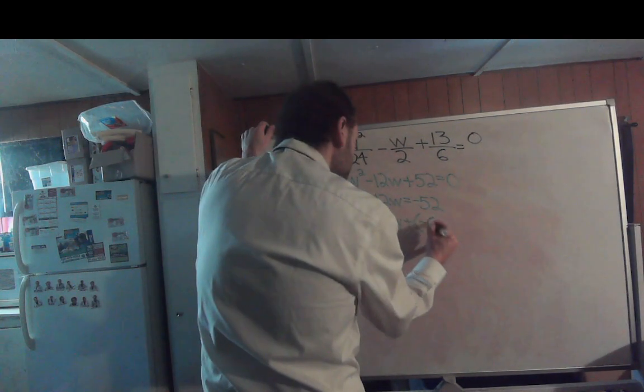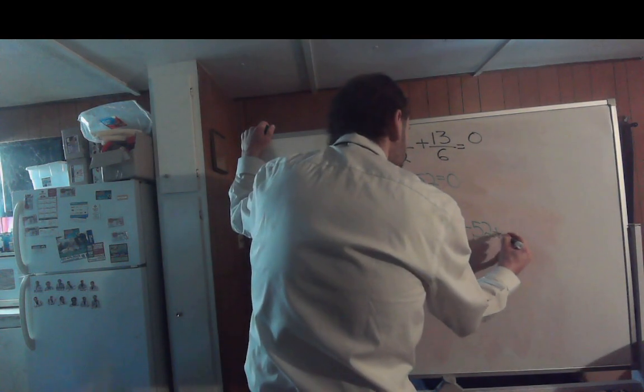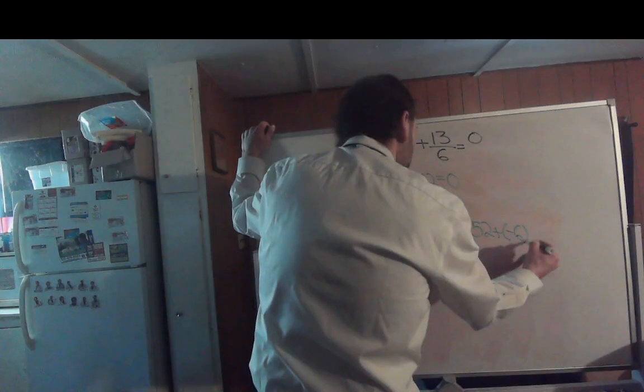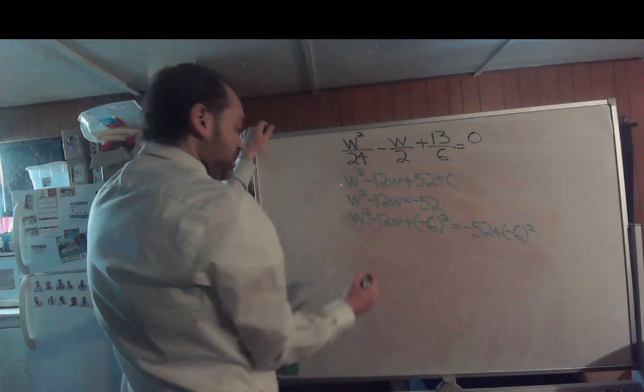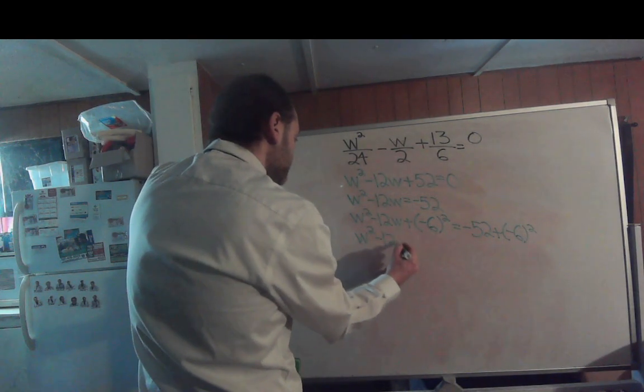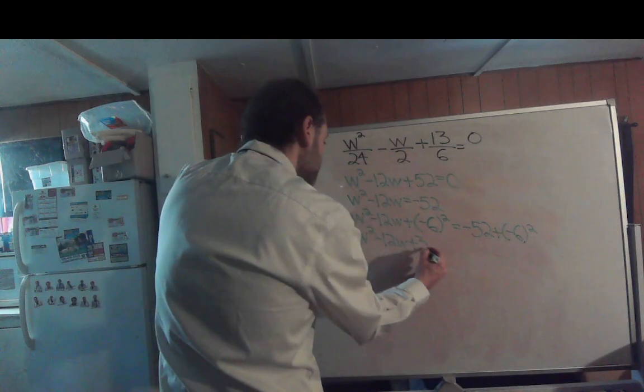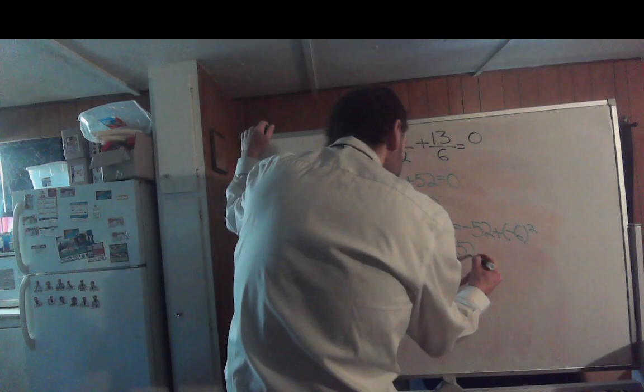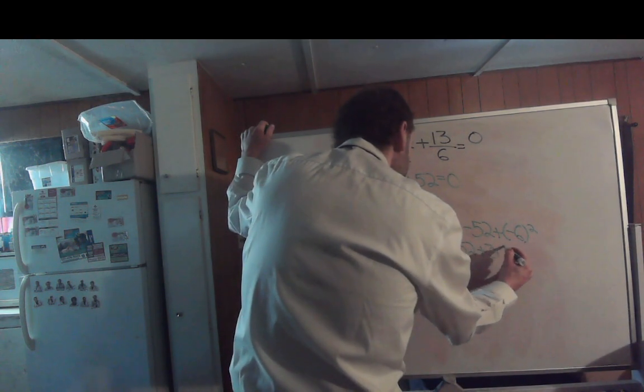That's negative 6, but you'll raise that to the second power, would equal negative 52 plus that negative 6 to the second power. So then this would become W squared minus 12W plus 36 would equal negative 52 plus 36.